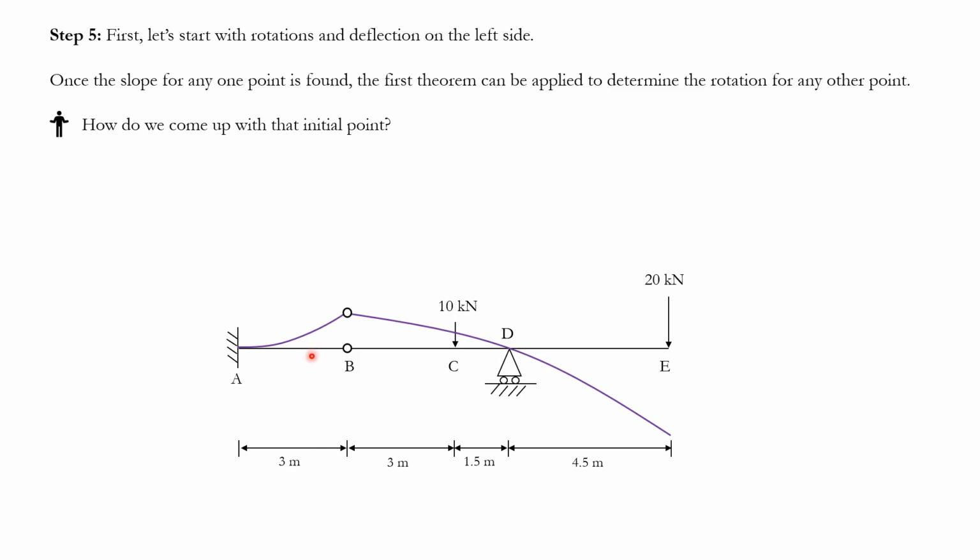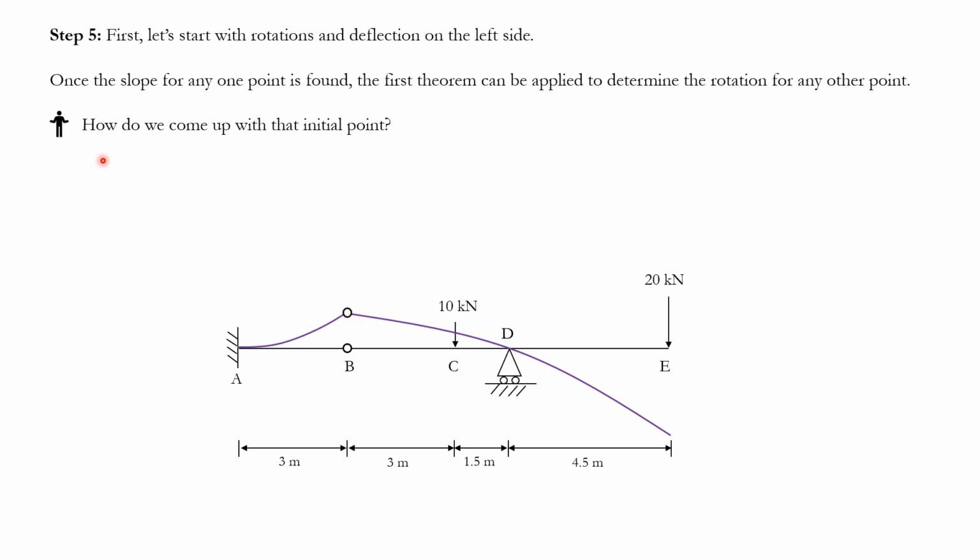If you remember, for the cantilever part, we had a matching condition, and we would find the rotation at the pin from the right side and equate it to the left side. That's what we're going to do here. We're going to find the deflection here, because without it, we're not going to be able to solve parts B, C, D, E of this problem. But more on that later.